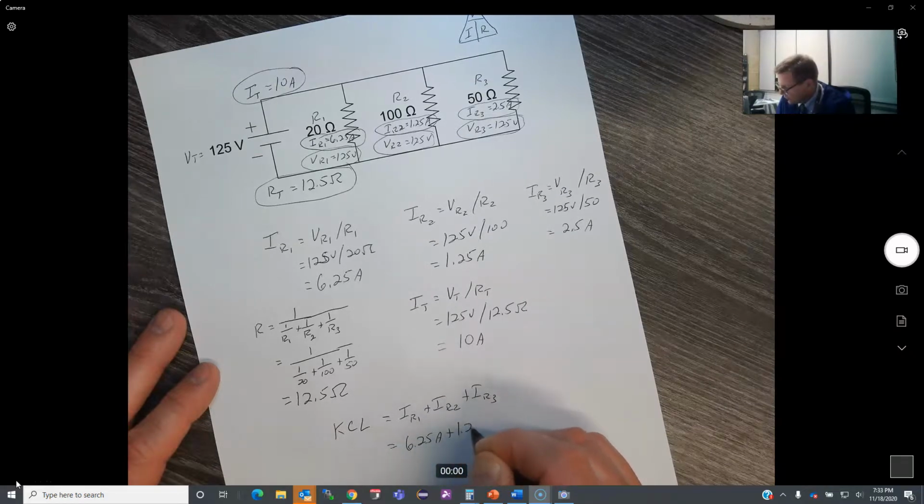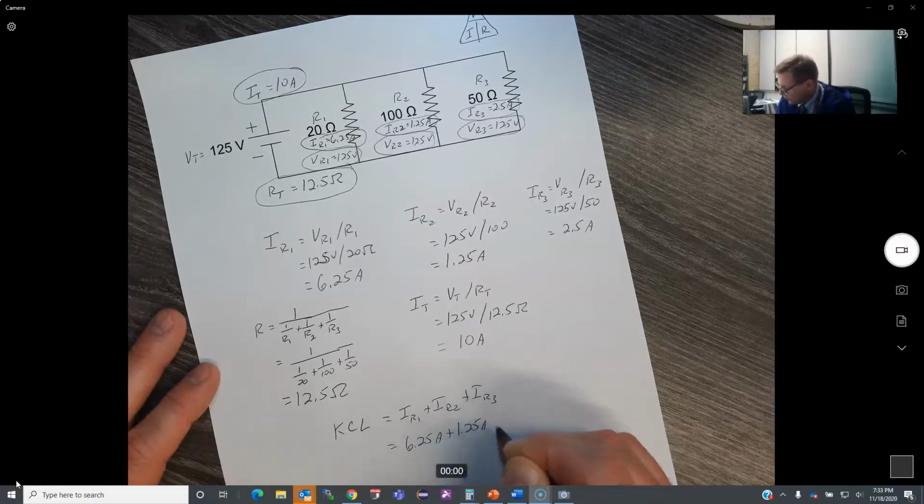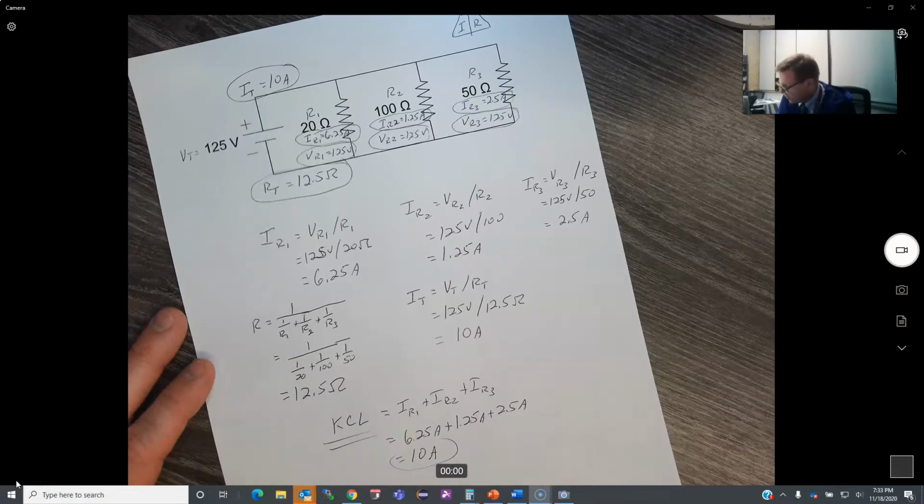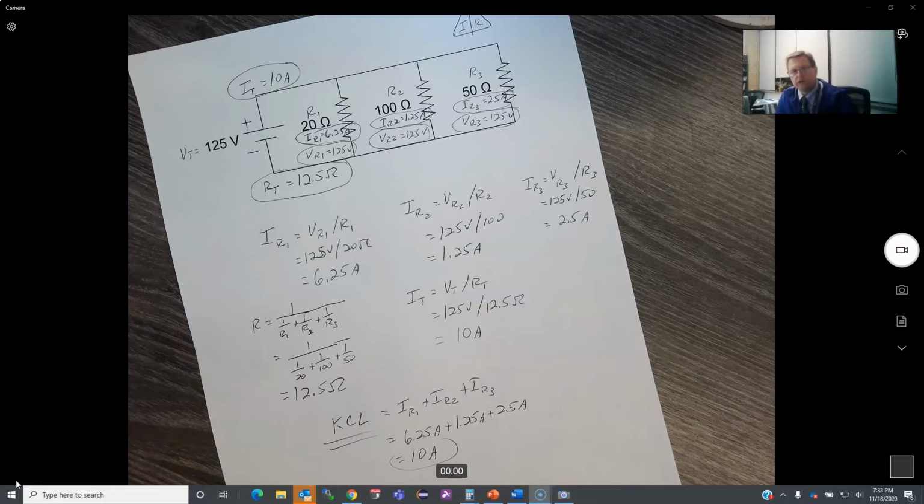IR2 is 1.25 amps. And IR3 is 2.5 amps. 6.25 and 1.25 equals 7.5. 7.5 plus 2.5 equals 10 amps. And it checks out. So KCL is correct, and we've now fully solved this parallel circuit.